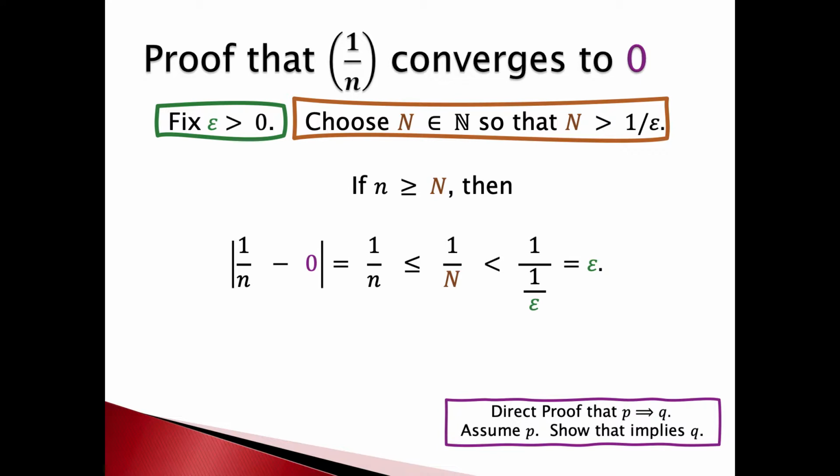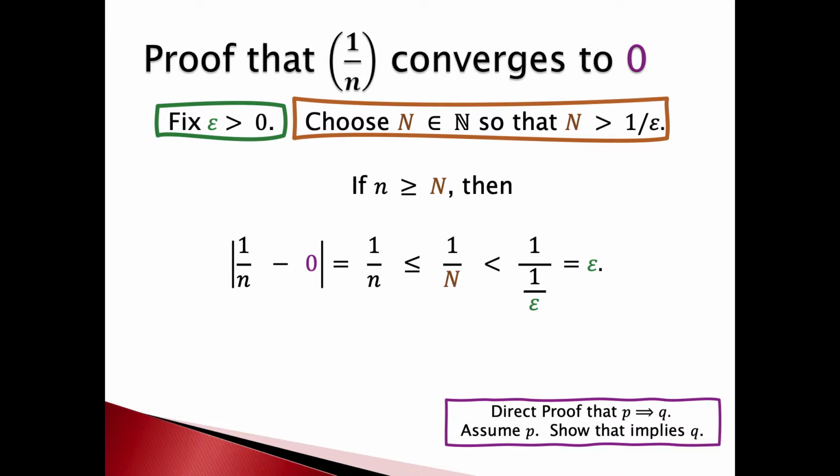Well, I'm assuming, if this is the P part, that little n is bigger than or equal to capital N. So when I go from 1 over little n to 1 over capital N, I've made the denominator smaller, because again, little n was bigger than capital N. So when I replace that little n with a capital N, I've made the denominator smaller, which makes the entire fraction larger. So perfect. That's how I get to replacing all my little n's with one particular number, capital N.